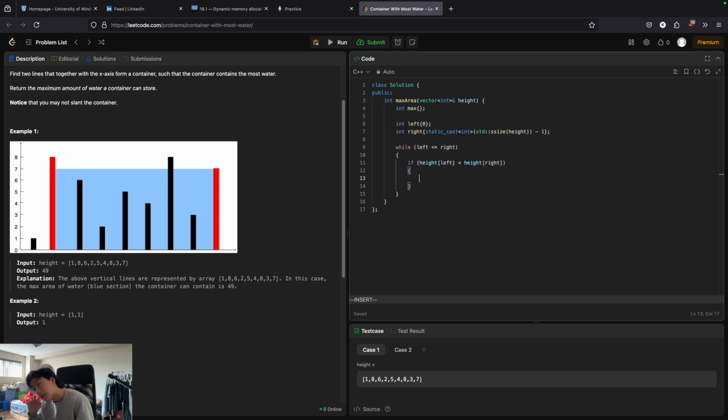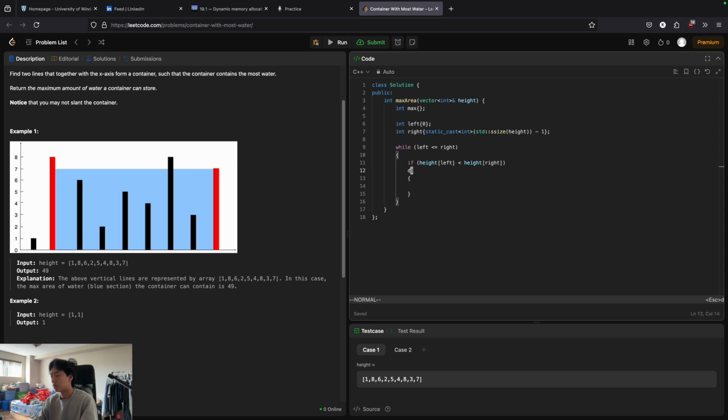If this is the case, if the left is less than the right, so that we know we take the left side and we multiply it by the length of the array, and the length of the array would equal the right minus the left. Yeah, so we can actually initialize this right here.